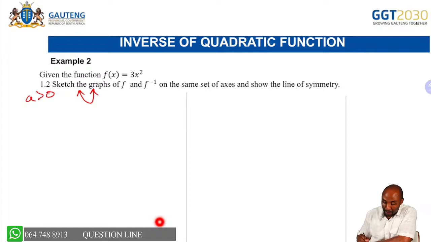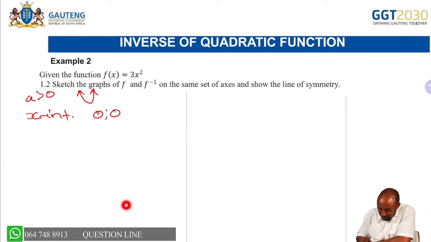To get our x-intercepts, we let f of x equal 0, and we know that our x and y-intercept for this one, because it's not translated, we have been doing this since grade 8, we know that our x-intercept is going to be 0 and 0. Our y-intercept is also going to be 0 and 0.